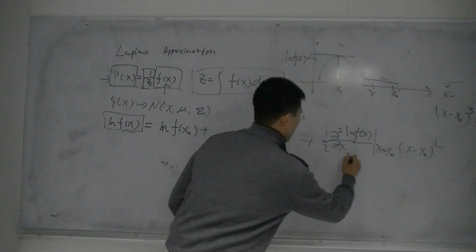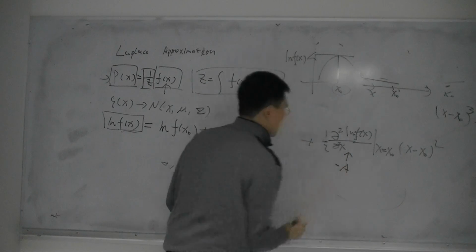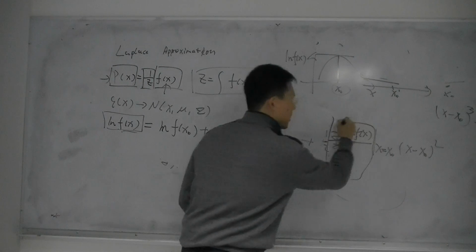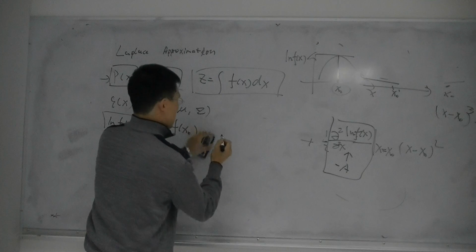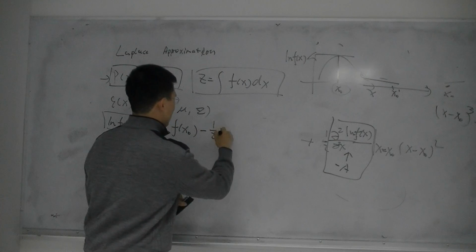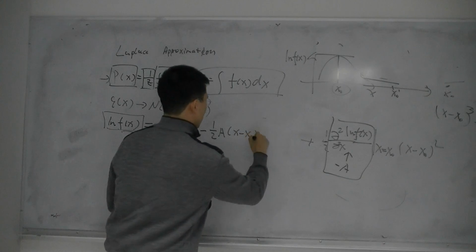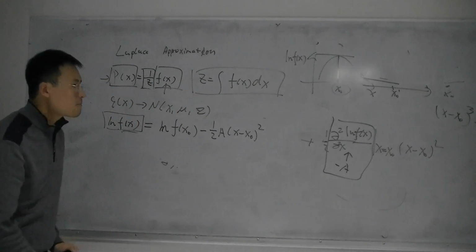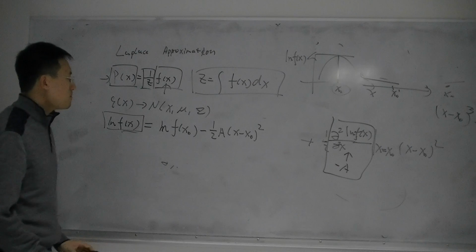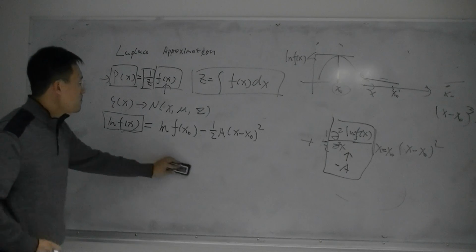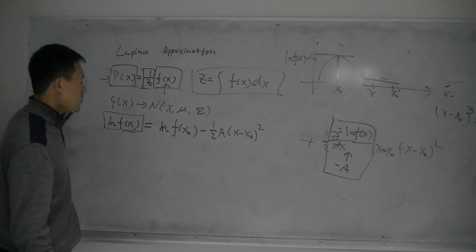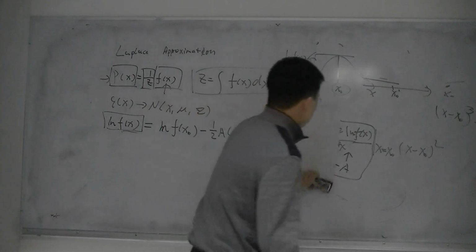Moreover, we can set this term equal to minus a, so we get minus a times (x minus x0) squared, because x0 is the peak where the first derivative is 0.